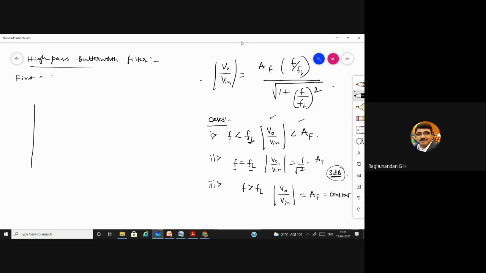In the frequency response, as you know, it is the gain versus frequency. It's a graph which is going to be plotted, gain versus the frequency. For higher cutoff frequency, we'll get the curve like this.